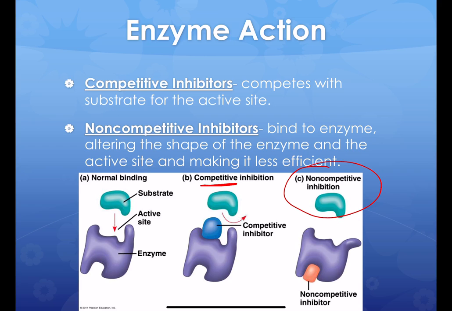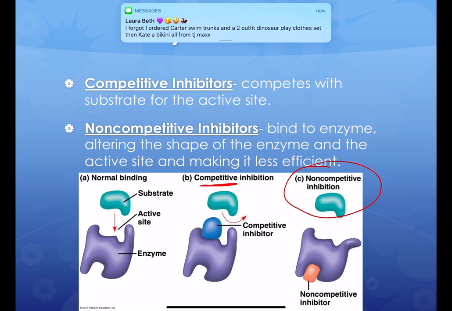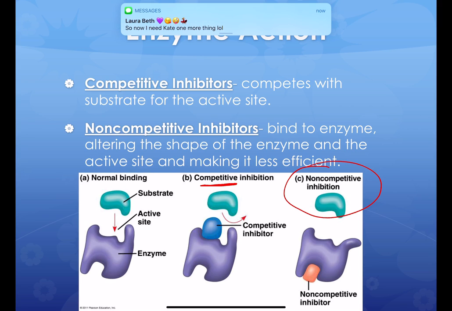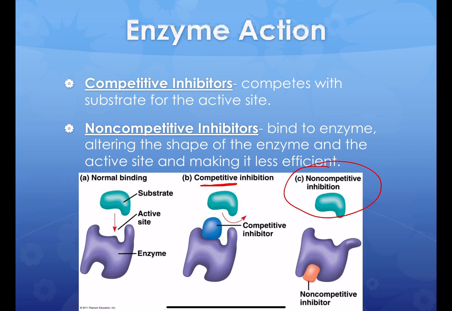If I had you put on mittens. It doesn't really change the shape of the active site. I mean, it does to some degree. It changes the shape of the active site and makes it less efficient at doing its job. If you put on mittens, I can imagine that wearing mittens would make it harder to break down these toothpicks, and so that would be a non-competitive inhibitor.